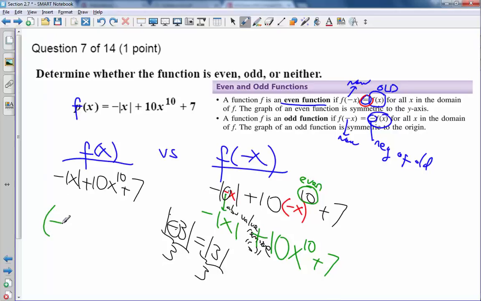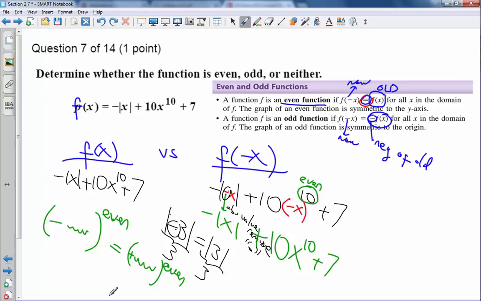Negative stuff raised to an even power is always positive stuff. Okay? Got it? Because you're multiplying this minus by itself that even many times. 10 times the minus itself is positive. But if this was 9 times, then it's a whole different picture. It's going to stay negative. If it's odd, it's negative though. Okay?